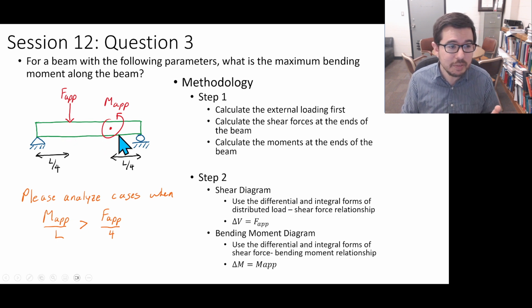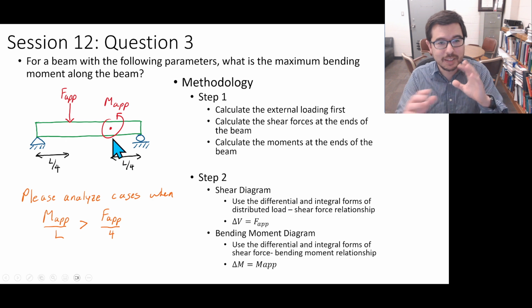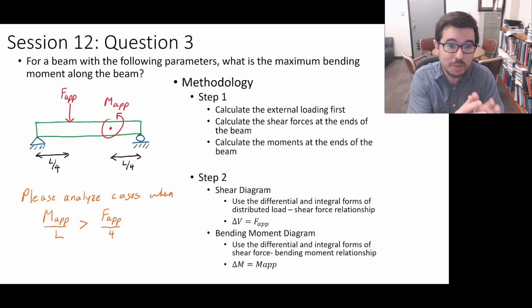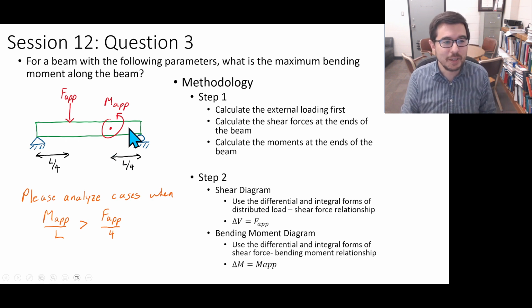And this one's going to have a delta V that's negative because it's going down. This one is also going to have a negative delta but not in the shear force, but in the bending moment, okay, because this one's actually positive.